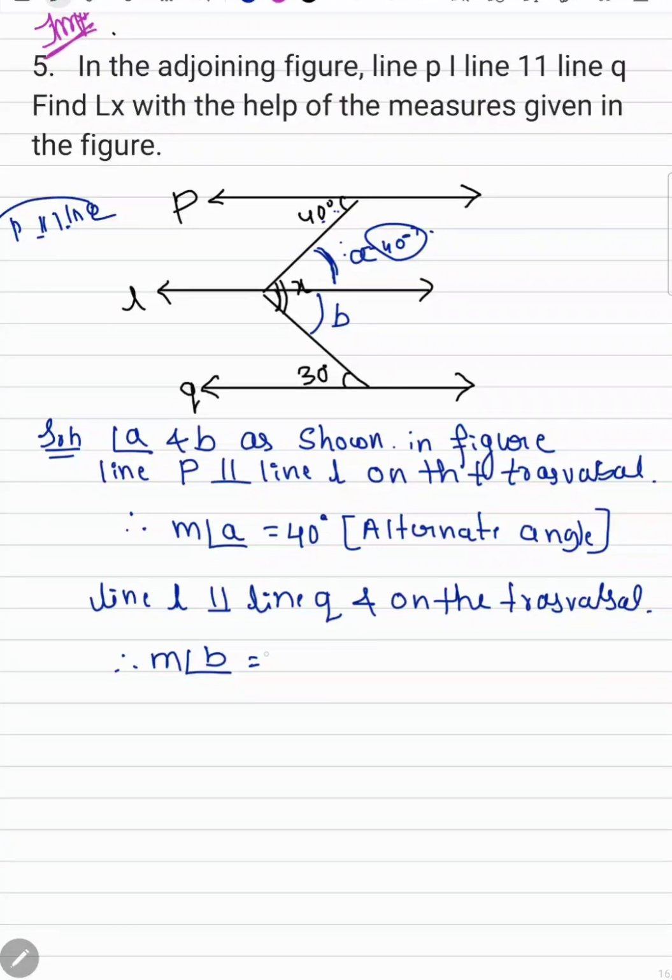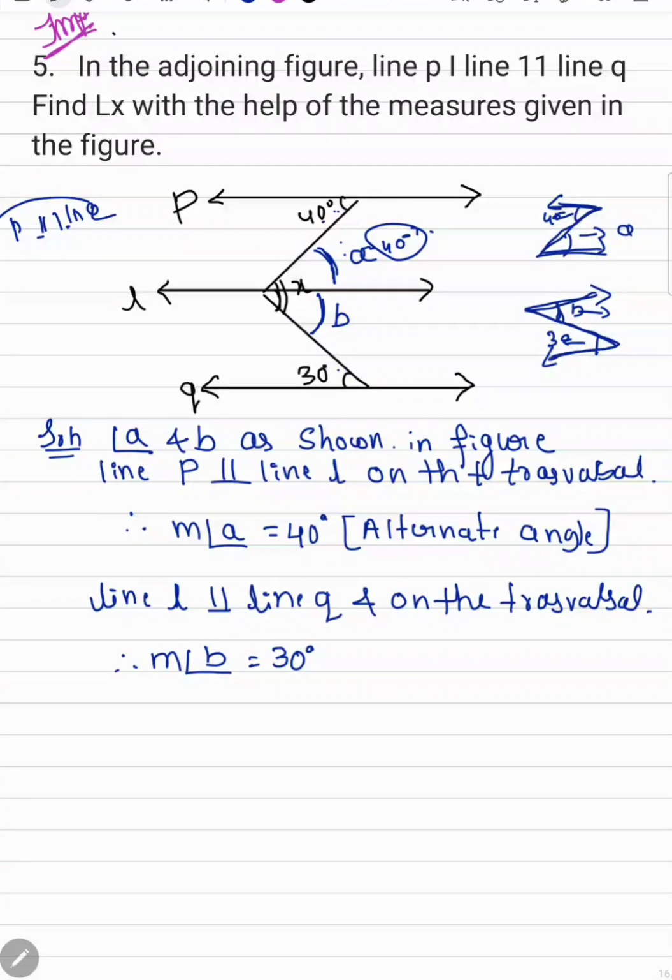It is 30 degrees. This alternate angle is this one. Here B is there, then it is 30, and it is 40, it is A. So it is the alternate angle.